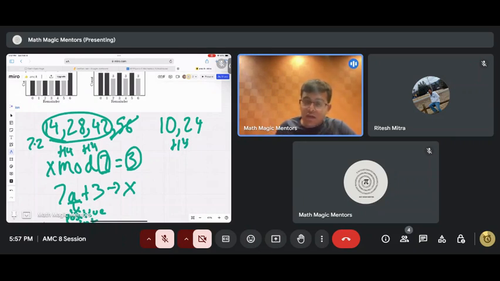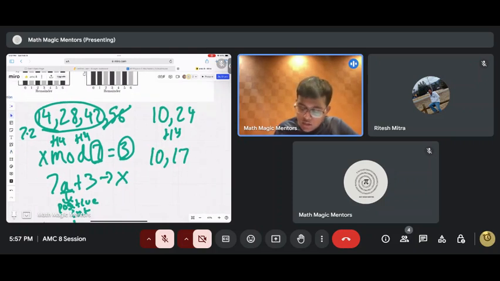You add 14 here to get to the next mod 3 mod 7s, right? So you have 10, you have 24. If you added 7, you would have gotten 17. Well, 17 mod 7 is 3. What's the problem here? 7 is not even. You have to add 14, because that's how you get to the even integer, skipping over the odd.